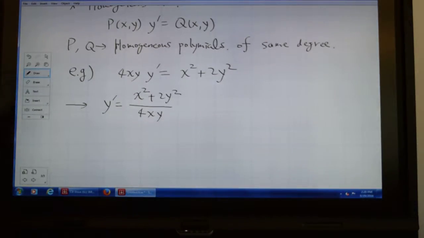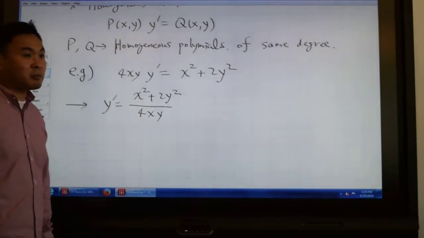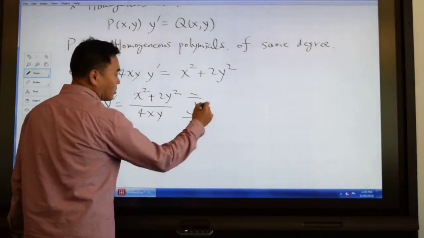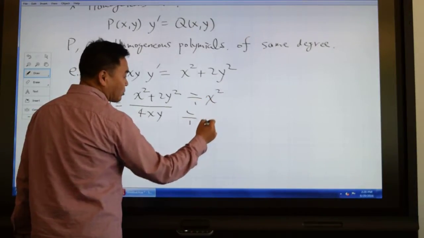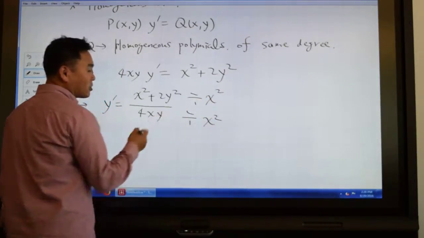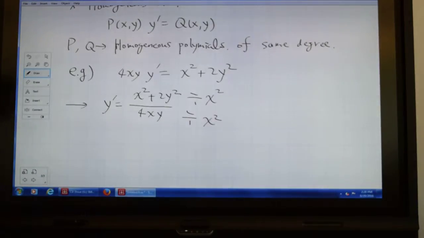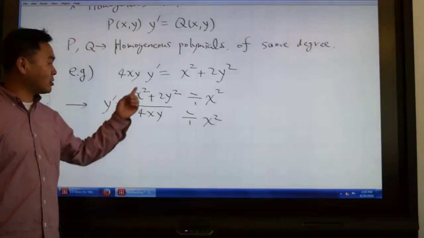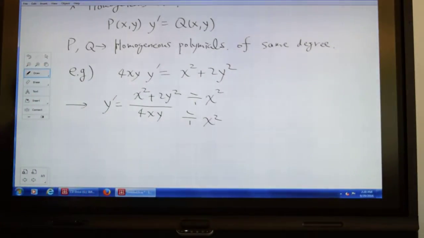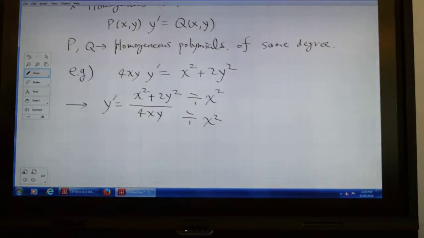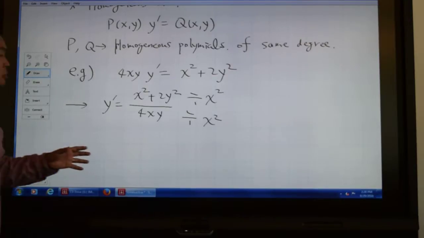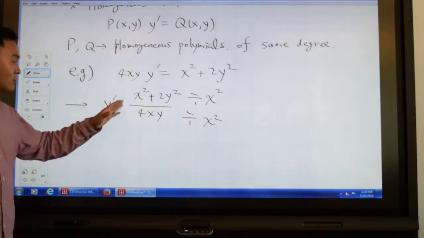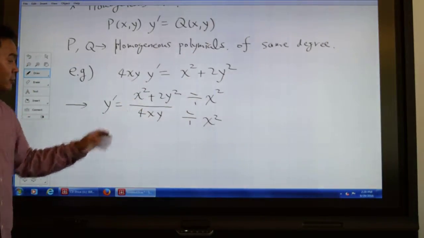And I want to divide top and bottom by x squared, or in the general case, just divide by x to some power, whatever the total order of that polynomial is. So if top and bottom were both homogeneous polynomials of degree 3, in that case I would be dividing top and bottom by x cubed. Okay, so just divide by whatever order it is.